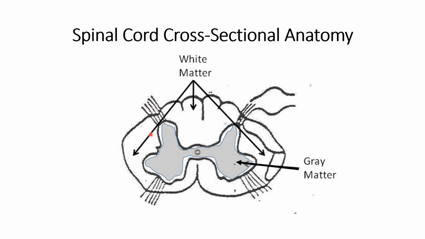We'll see that there are various tracts coming through the white matter, and we'll look at those subsequently. The incoming dorsal root comes into the dorsal gray, while the ventral root has motor neurons coming out of the ventral gray.